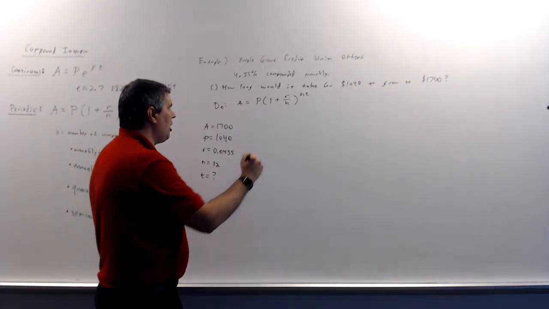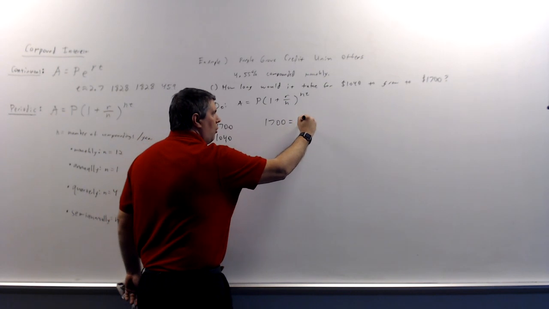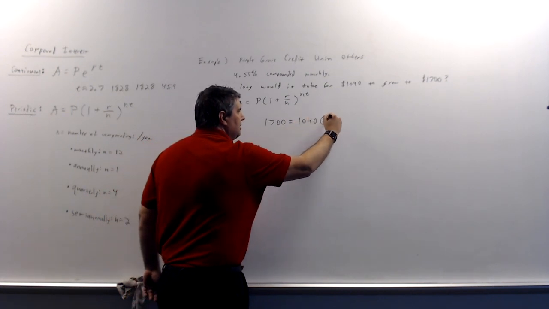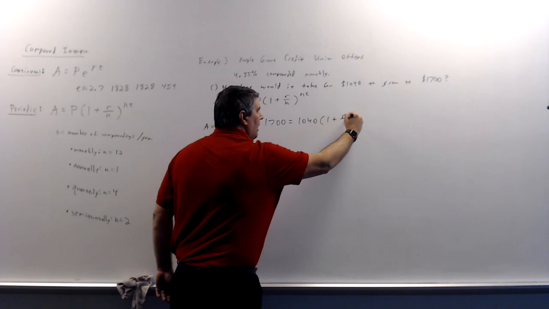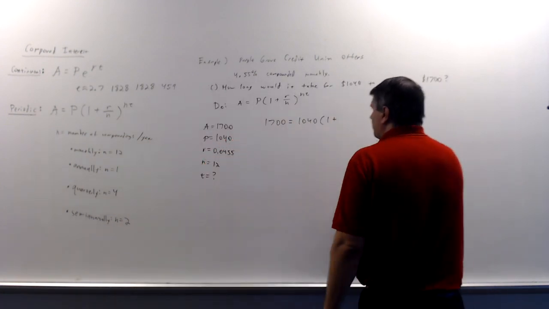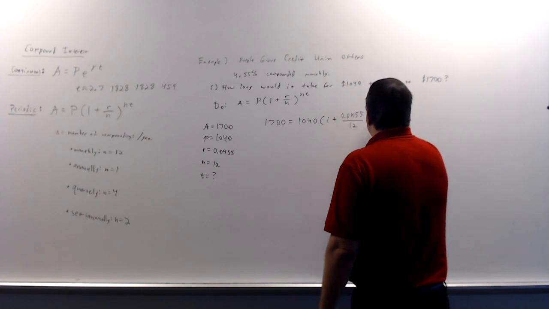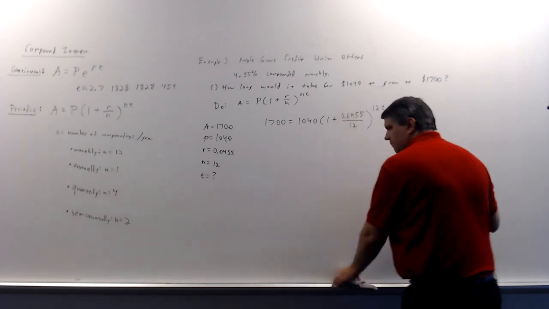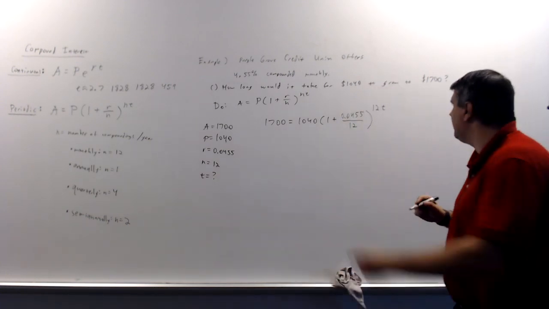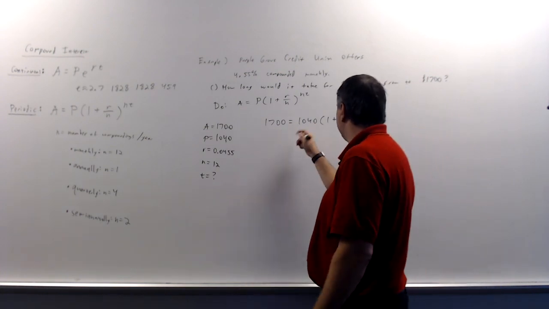Okay, so I want to know how long will it take for 1,700 to equal 1,040 times 1 plus R over N. Sorry, I'm going to replace those values with their appropriate numbers. 0.0455 over 12 to 12t power. Okay? T is my unknown, so I'm going to switch the sides. I'll also do this division.